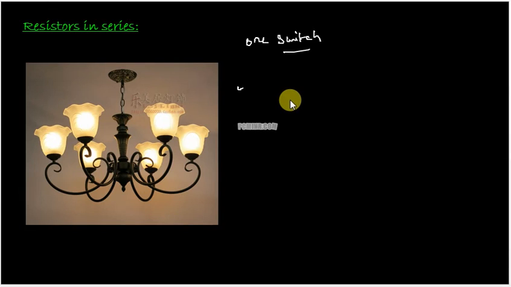So let's learn about the series combination some more, and how the physics of series combination is involved. When you look at this circuit diagram, we have R1, R2 and R3. There are three resistors connected in series because they are end to end.